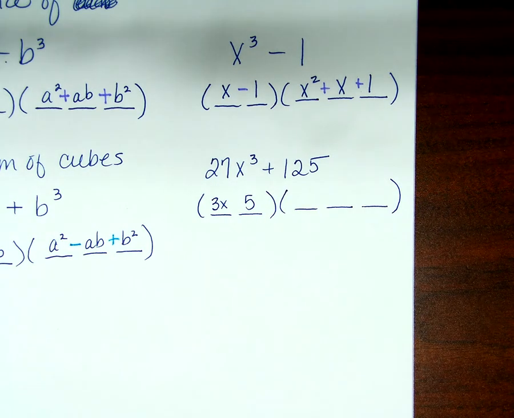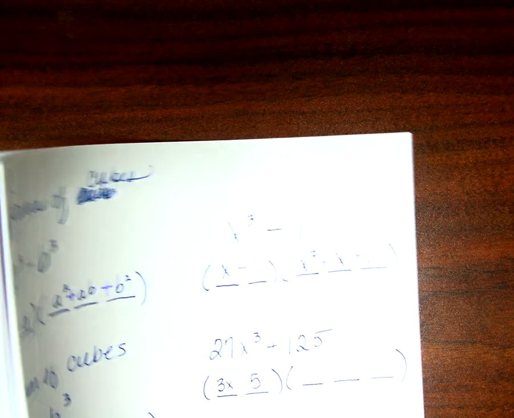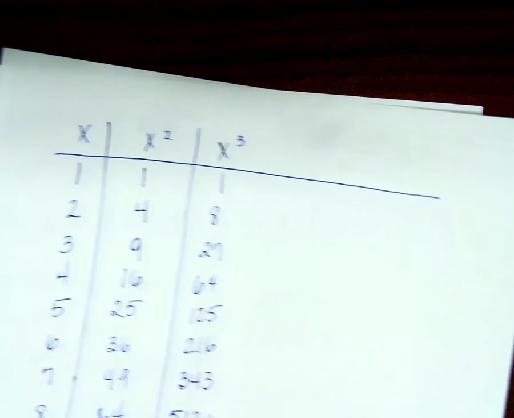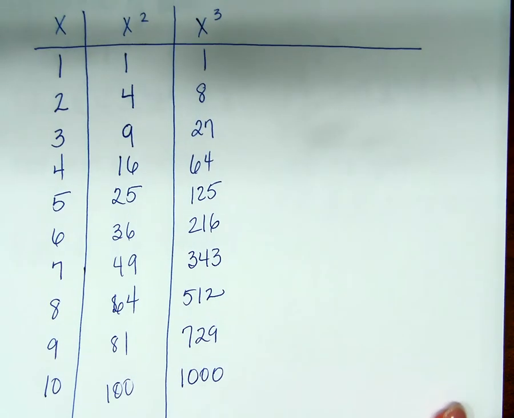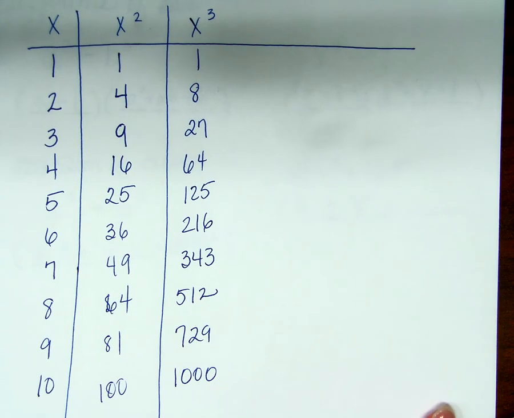Now, I had this up earlier. I don't know if you had time to look at it or see it. This is a chart I made for an earlier class. Did you see this a minute ago? Yes. Okay. Now, do I expect you immediately to look at 343 and know that that's 7 cubed?